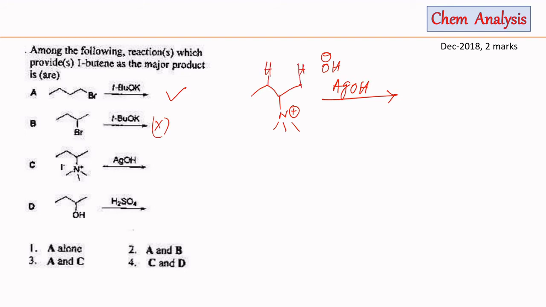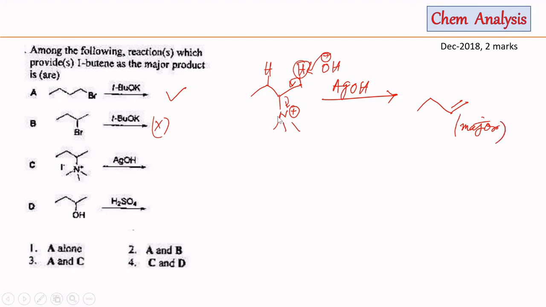Now between these two protons, this primary CH bond is more acidic than this secondary CH bond, so it selectively abstracts this carbon-hydrogen bond, that is this proton, and will eliminate NMe3 as the leaving group, so it will lead to the formation of 1-butene as the major product.